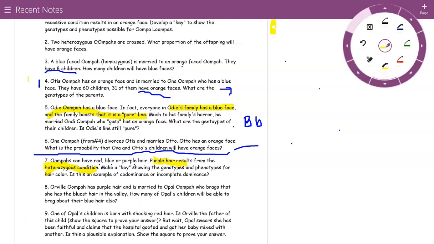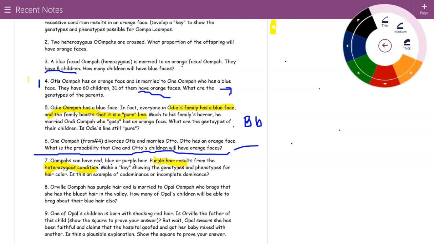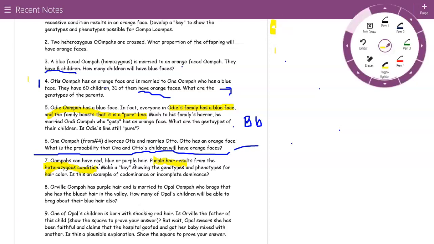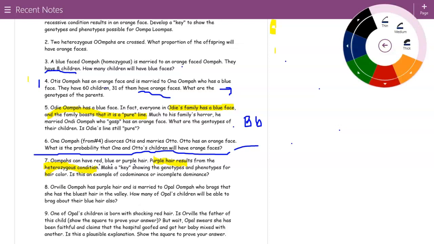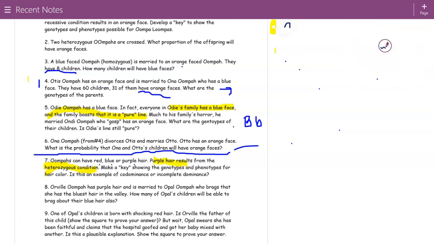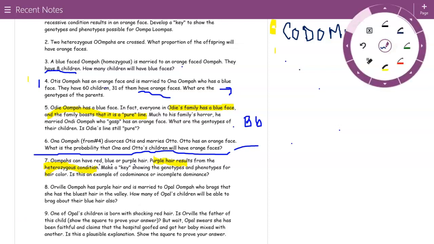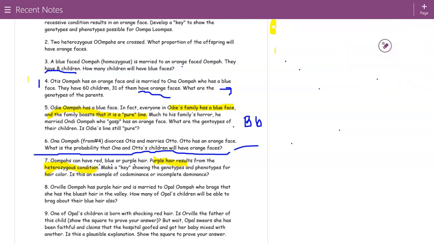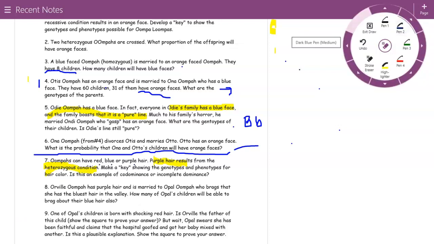Oh, that's still a highlighter. Okay, there we go. Now we're talking about codominance. Oh, I'm sorry, this is incomplete dominance. Shoot. My bad. I was all excited to talk about codominance.